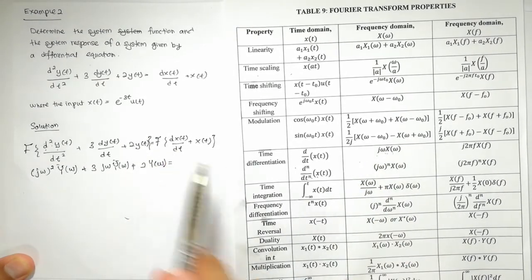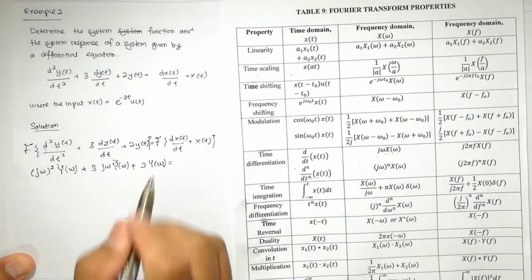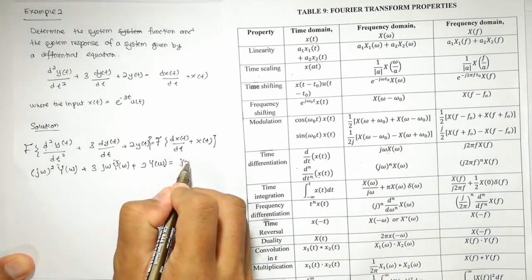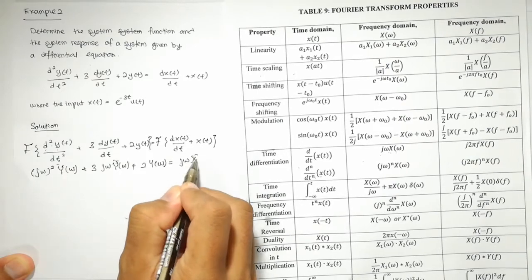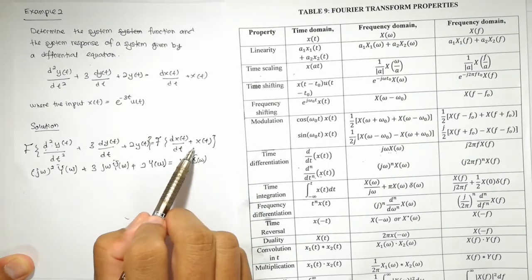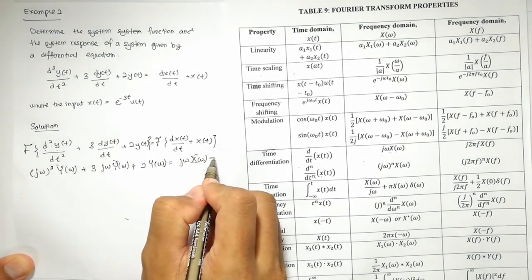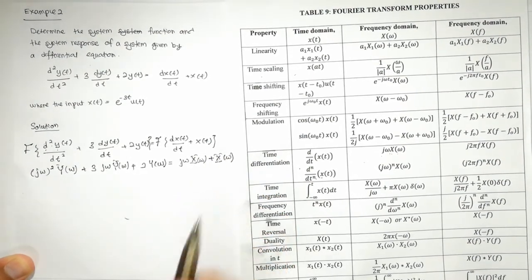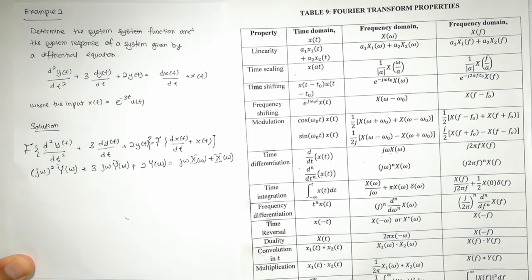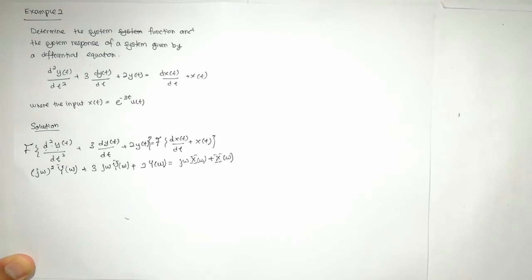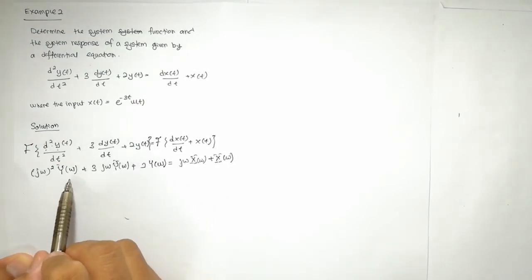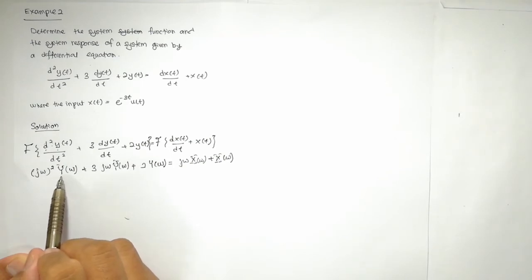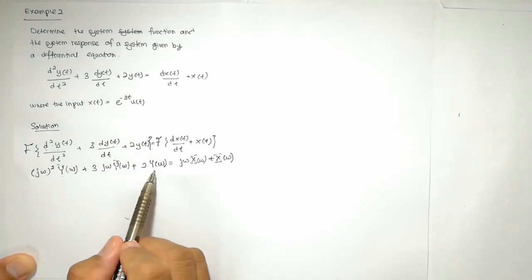For dx(t)/dt we have j omega X omega, and the Fourier transform of x(t) is X omega. So now we have the Fourier transform of both sides of the equation. The next thing is that we can factorize our equation, because we have Y omega in each term.